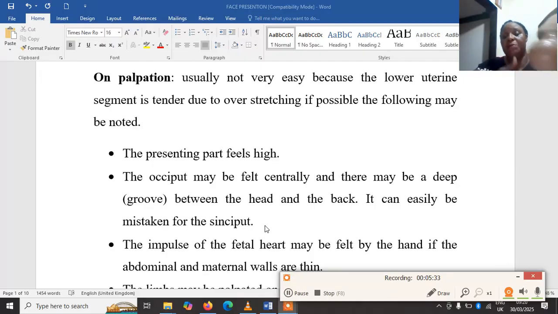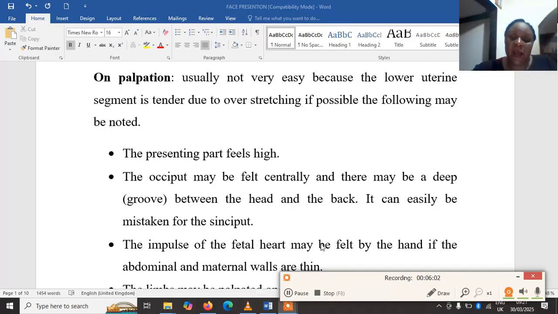This is what they mean: in face presentation, if the baby is facing like this, as you palpate, you may come across this groove, and this groove can be mistaken for the sinciput. It can also be mistaken for a full bladder, so it is not easily diagnostic.